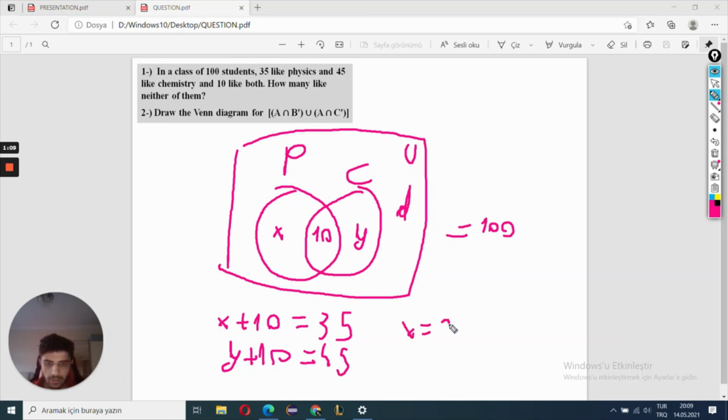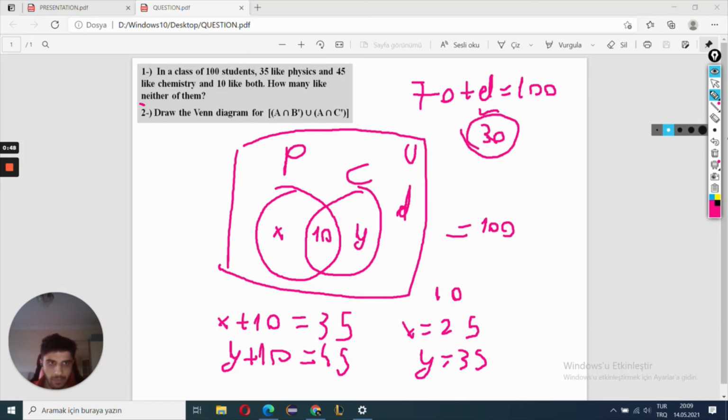So x equals 25, a equals 35, and there are 10 of them who like both. So the sum is 70, and 70 plus d equals 100. So there must be 30 students who like neither of them.